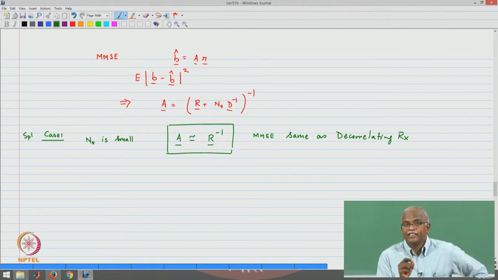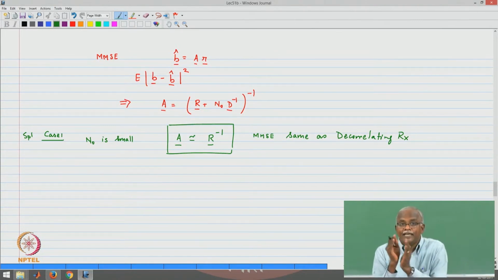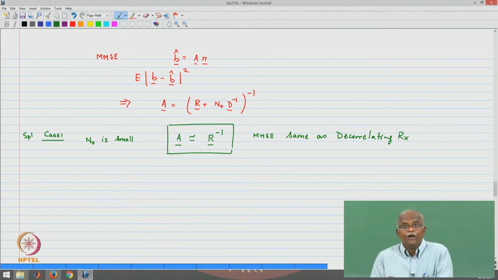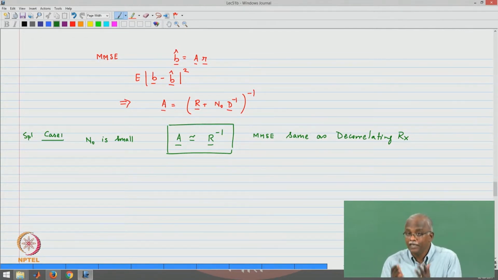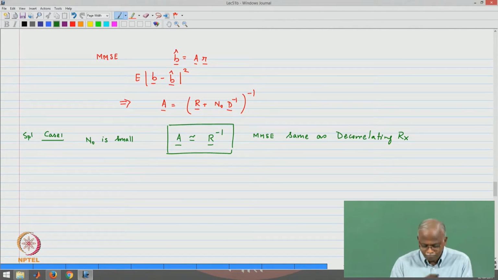The decorrelating receiver, we said, may result in a noise enhancement. Now, if the noise itself is small or negligible to begin with, then we can ignore the effect of noise enhancement and say that the decorrelating receiver is the best possible solution, and the MMSE receiver more or less confirms that that is the best way to do that.